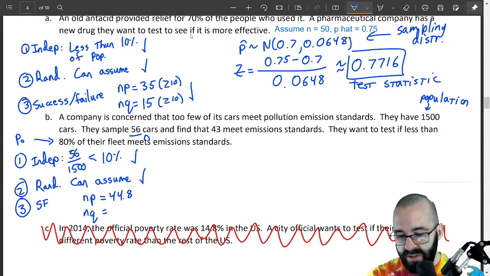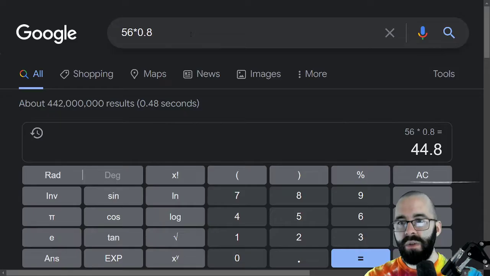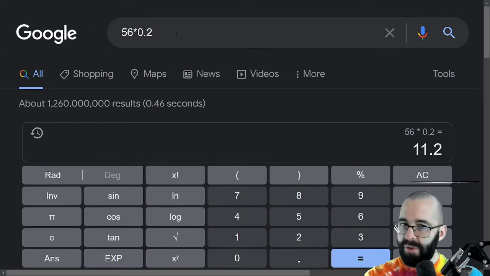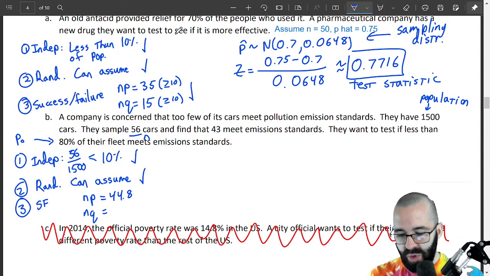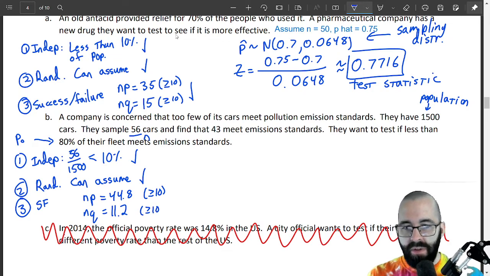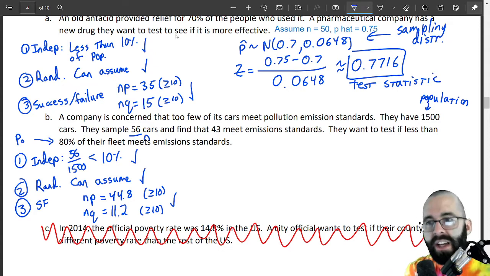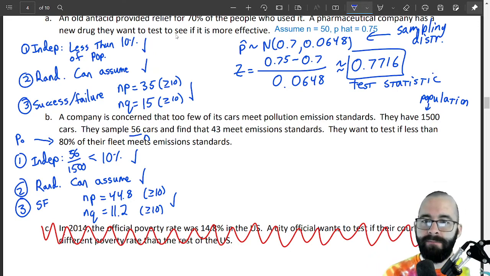Expected number of failures is n times Q, this times 20%. Ooh, very close, 11.2. But again, even though it's close, they're both bigger than 10. All right. So it's a close one here, but yes, we can use the central limit theorem.